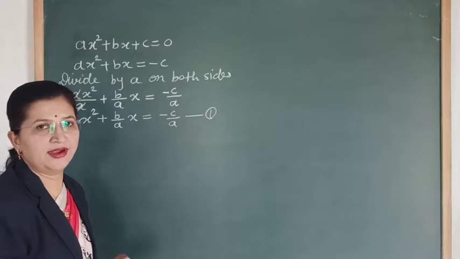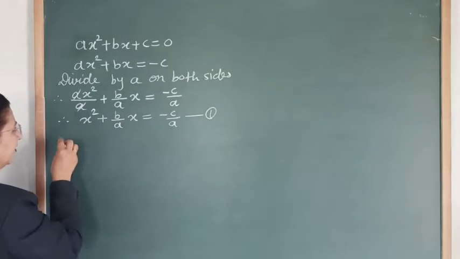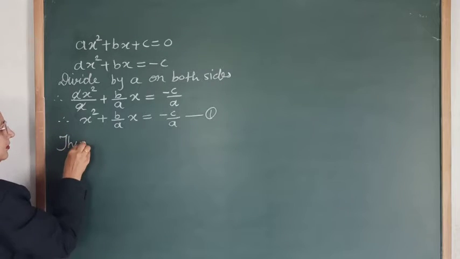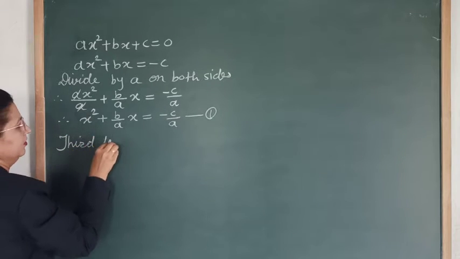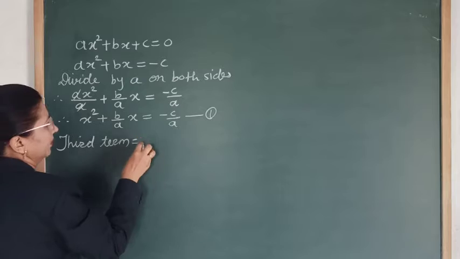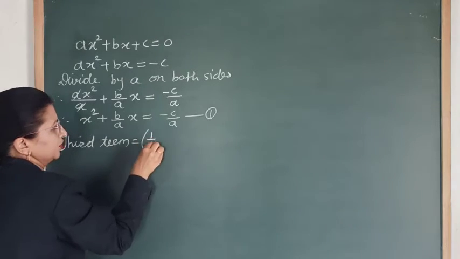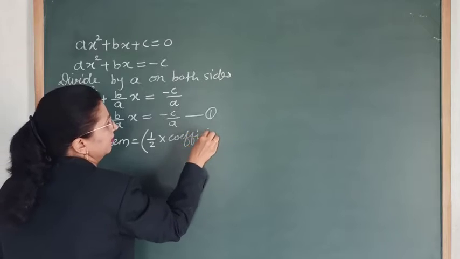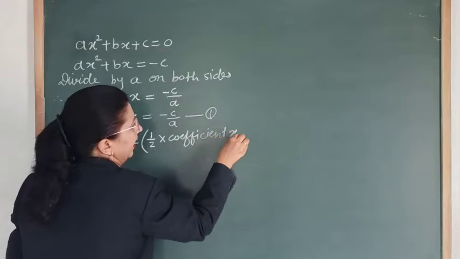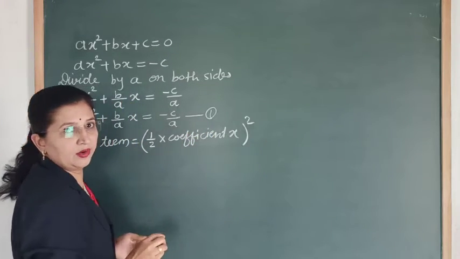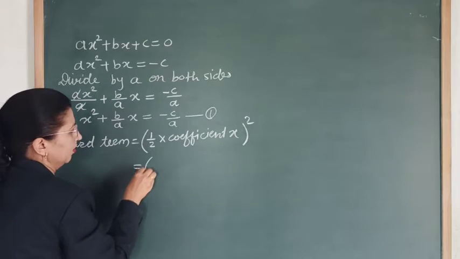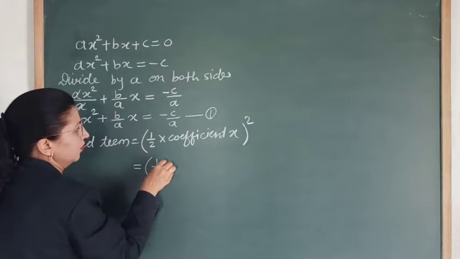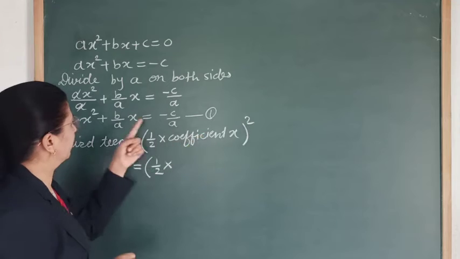Now let's find out the third term. For that we have the formula: third term is equal to 1 upon 2 into the coefficient of x, bracket square. Now here, 1 upon 2 into the coefficient of x. What is the coefficient of x?